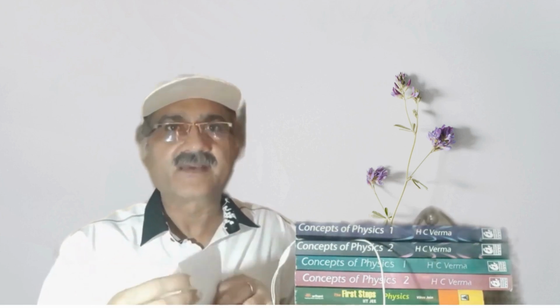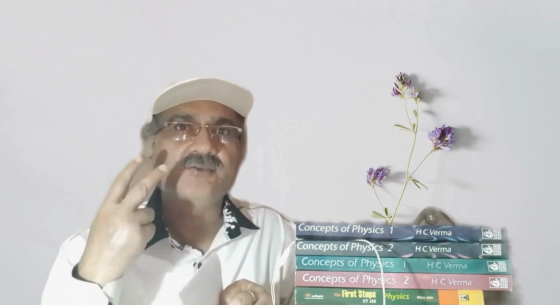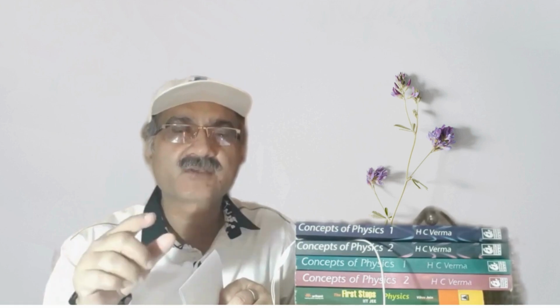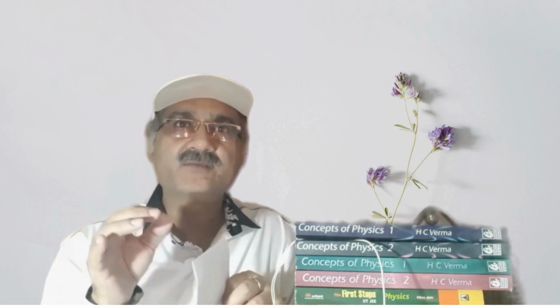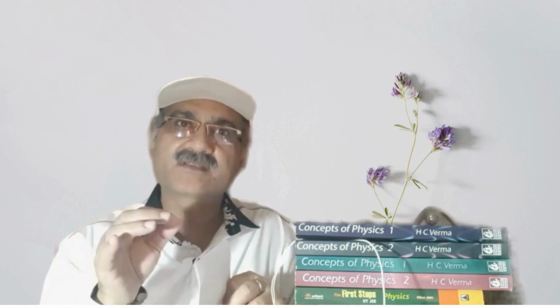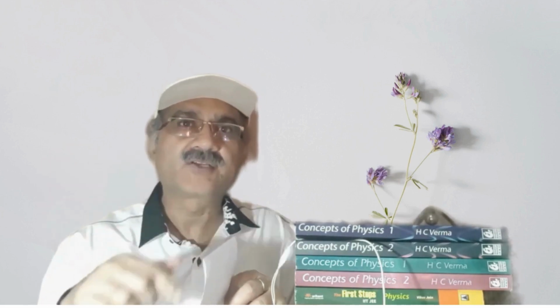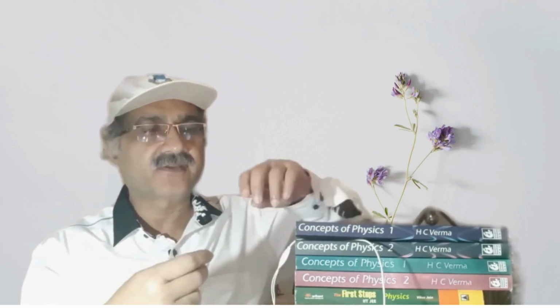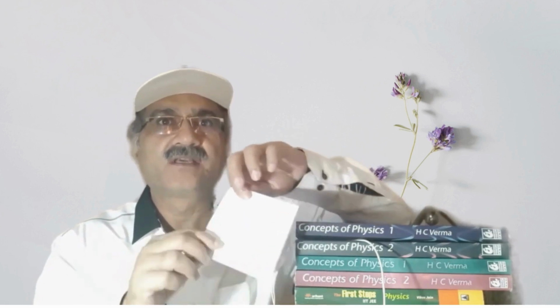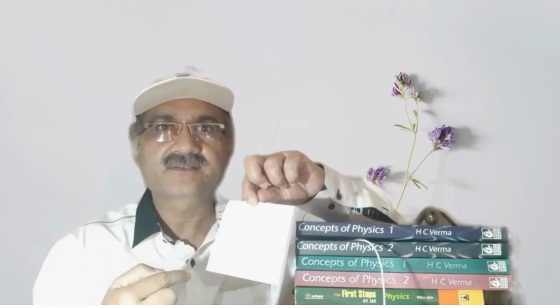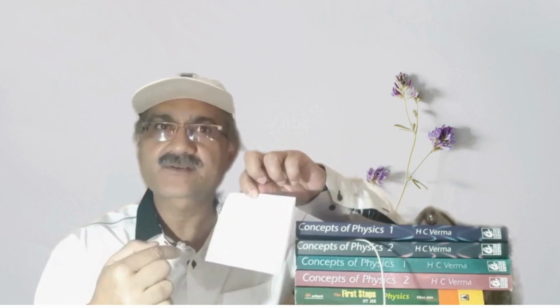Okay, now as you know, for a vector there has to be two things. There has to be a magnitude and there has to be a direction. Now the magnitude of the area vector is the normal magnitude of the area. Say if we have this surface, it will have an area, so this much square meters.